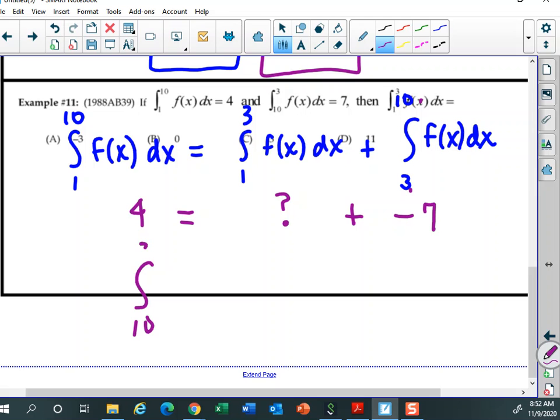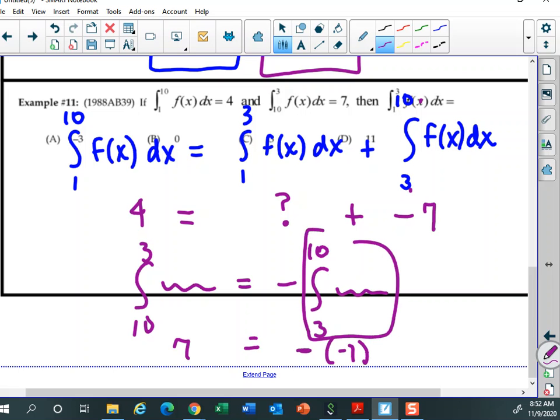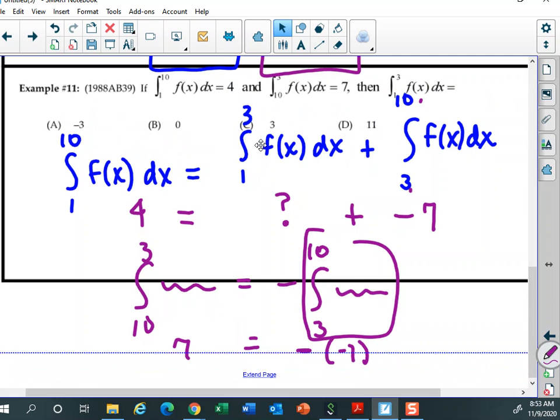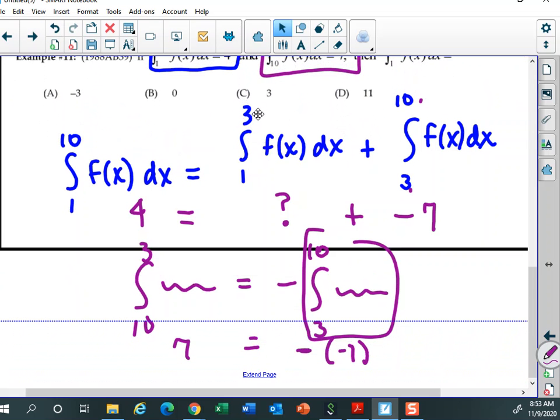So 10 to 3 would be the opposite of 3 to 10. So if 10 to 3 is 7, the 3 to 10 part would have to be -7. So the correct answer on this problem, and I apologize for all my writing jumping around here, is D.